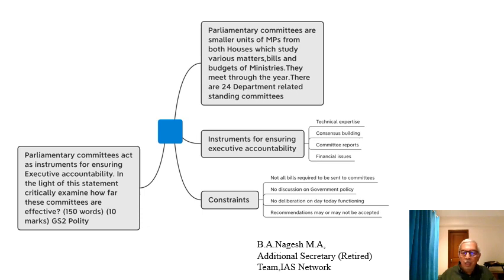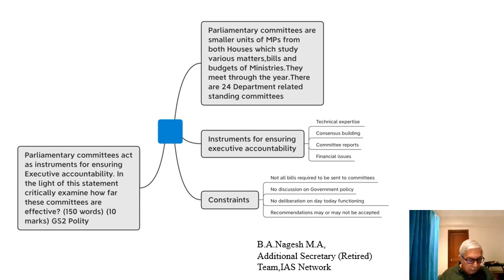So what will happen? The representatives of various stakeholders like the ICMR, Ministry of Health and Family Welfare will come and explain to the committee what the issues are, when the vaccine is likely to come. That is all. A parliamentary committee cannot take any decision on government policy because it is the prerogative of the government.